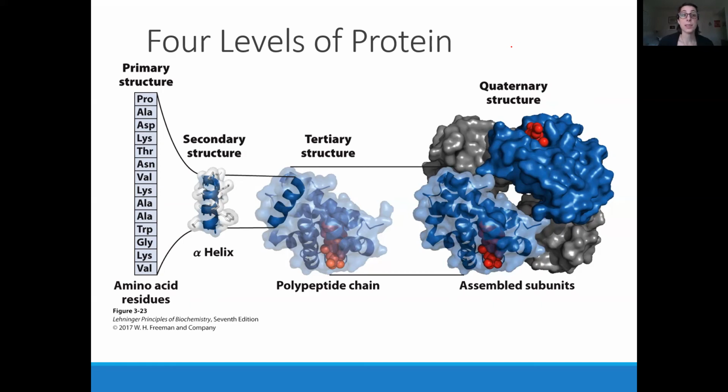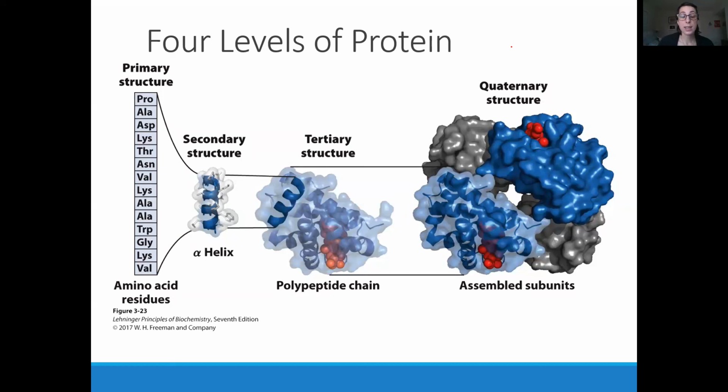Next, we'll be talking about secondary structure. Secondary structure is going to occur based on how that sequence of amino acids is then conformed into things called alpha helices and beta sheets, particularly.